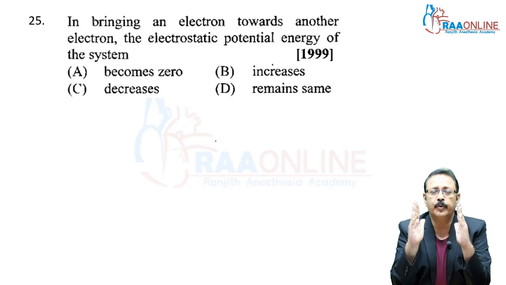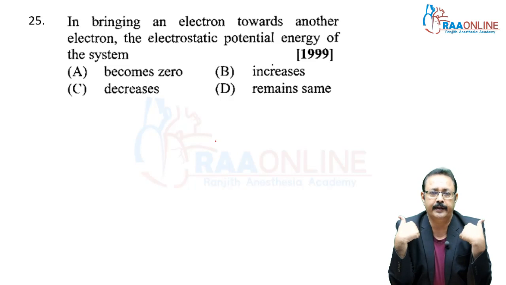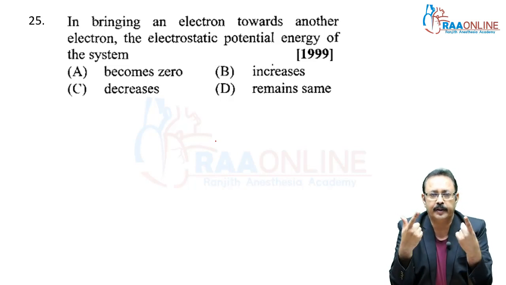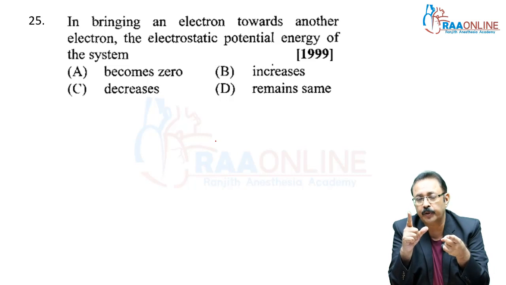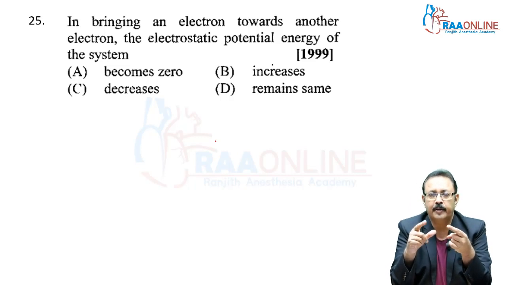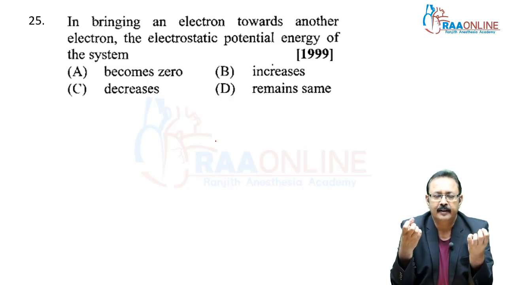If you are doing work on a system, you are spending your energy, and it will store in the form of potential energy in the system. If the system is doing work, it means it is spending its own energy, so its energy will decrease.